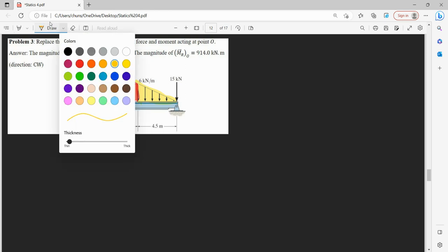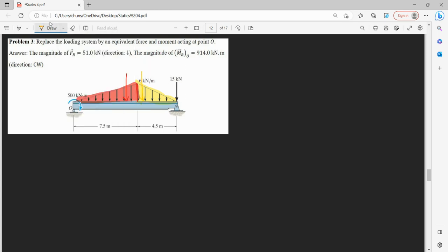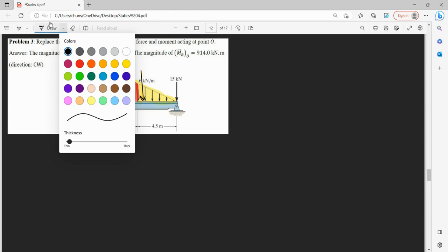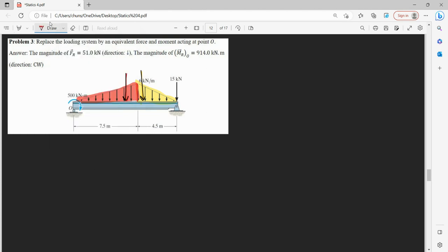Our resultant force from our first triangle is going to be acting somewhere here, close to the thicker end, and then our next one is going to be acting somewhere around here. I'll draw that so you can see it better. So let's find where those loads lie and what their quantity is. Let's start with our red triangle. It spans a length of 7.5 meters, and it has a height of 6 kilonewtons.